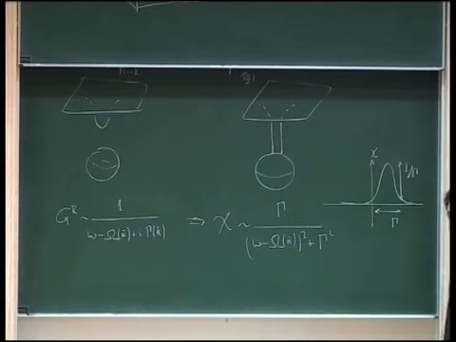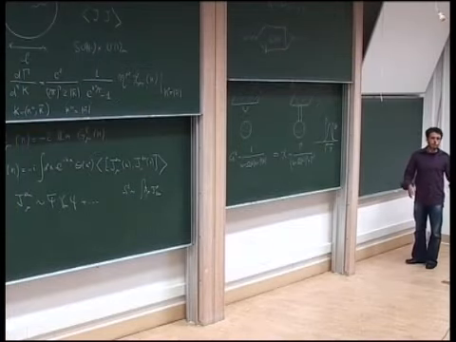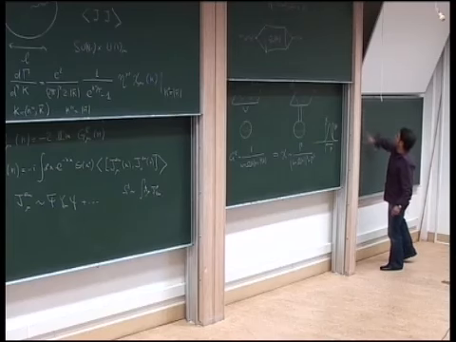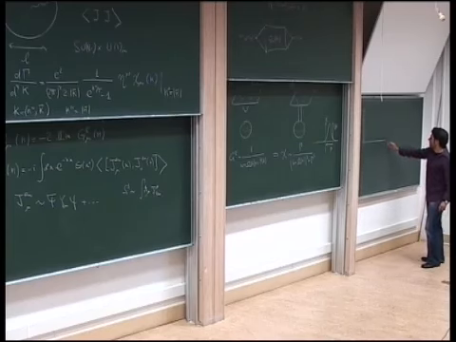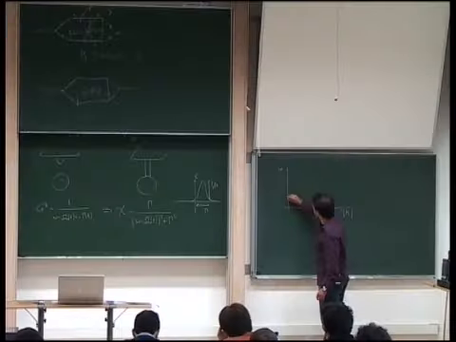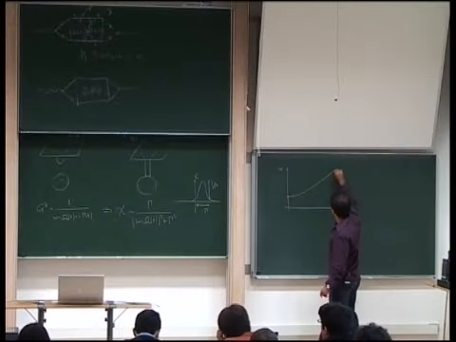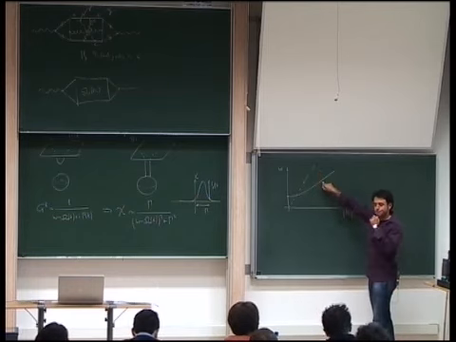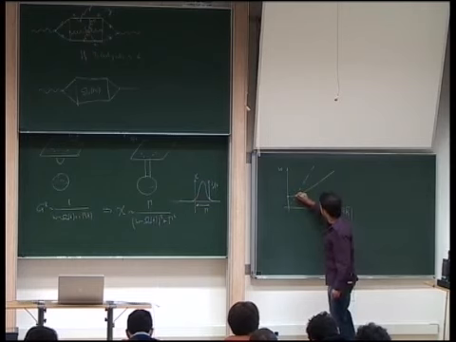But remember, I emphasized yesterday, when I plotted the dispersion relation for you for the mesons, omega as a function of k, we saw that it starts here with a mass gap, and then it goes up, but it does so below the light cone. And so it always crosses this point.